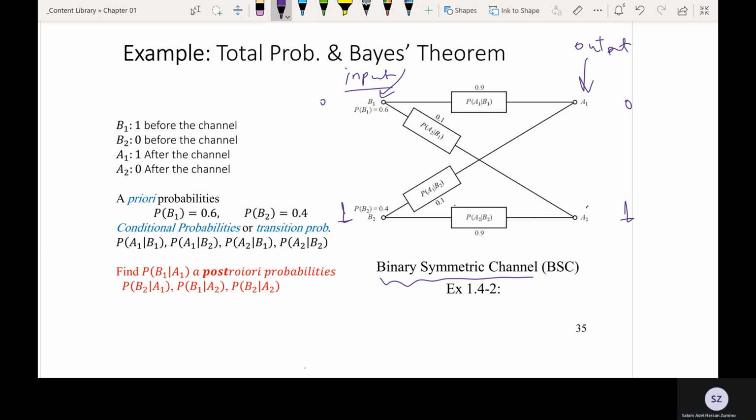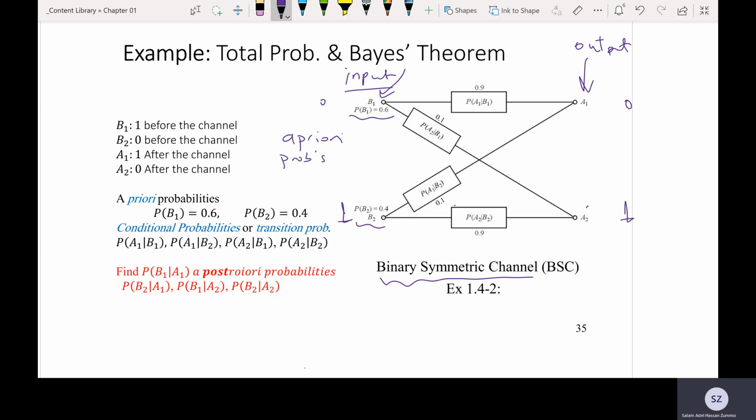Now, we are interested in finding different probabilities. So what do we have here? We have a priori probabilities. What does a priori mean? It means before I think over it, before I operate this.